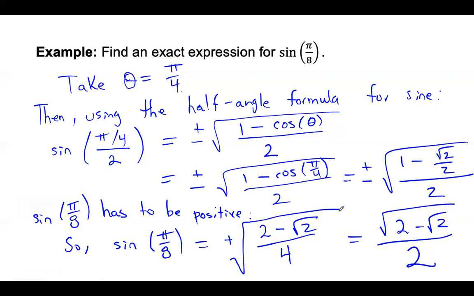So your final answer is square root of 2 minus square root of 2, all divided by 2. That's an exact expression for sine of pi divided by 8. We just found this exact expression.